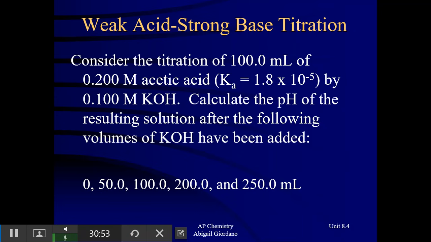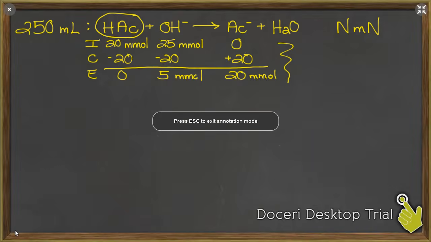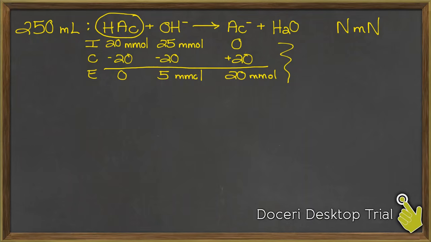Okay, last one, and this one won't take you as long. 250 milliliters of base, same reaction, same amount of acid, different amount of base. See if you can figure this one out on your own. All right, let's check. So I imagine most of you were able to get at least this far, okay? And let's assess the situation.